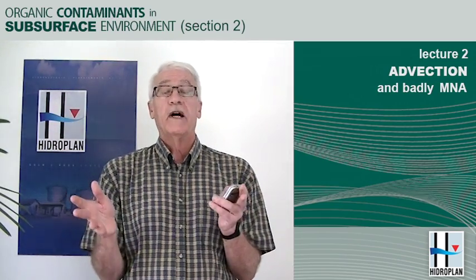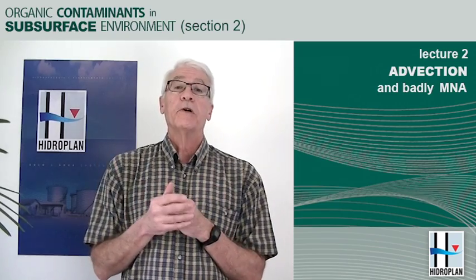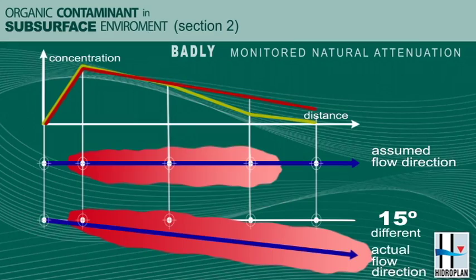And that's only because we didn't get the flow direction very precise. Of course, in the real world, you wouldn't design your monitoring in that way, but that shows us that flow direction is really important in order to apply monitored natural attenuation and assure people that their well is protected.